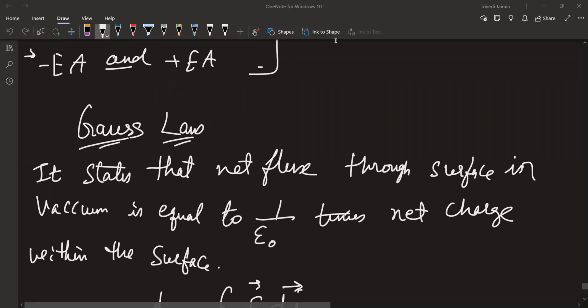Yes or no? Will that be a dipole if I have both positive charges and both negative charges? Will that behave as a dipole? Yes or no?